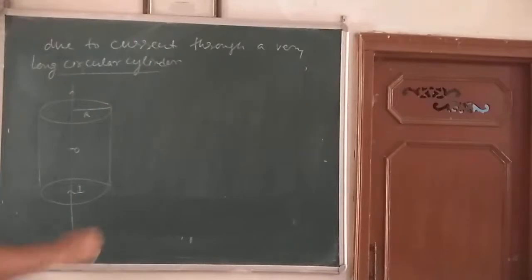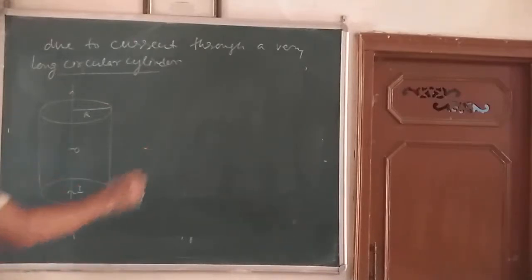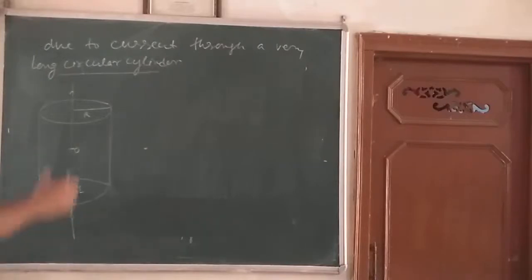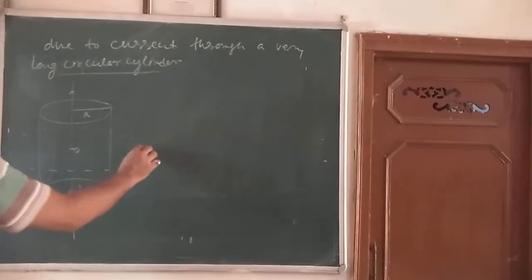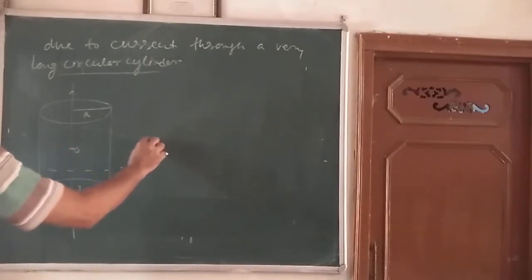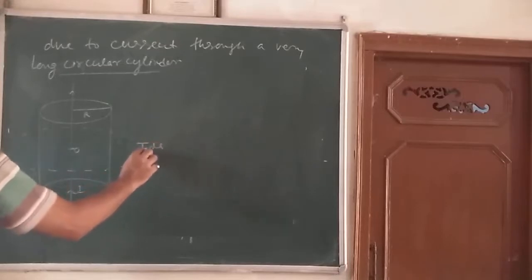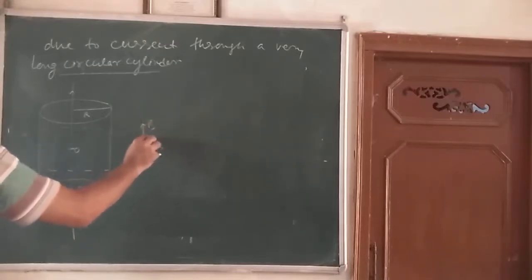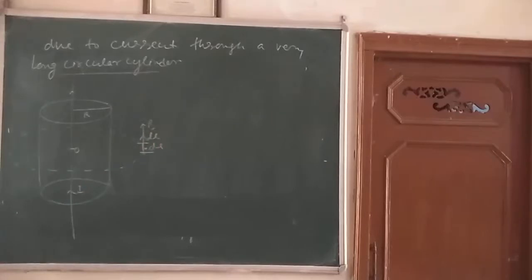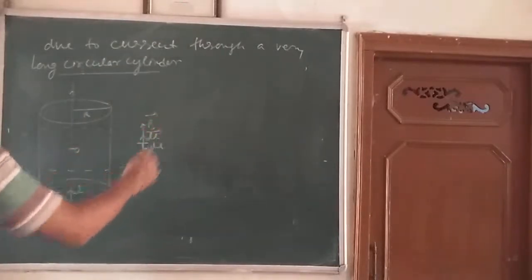I have to find out the magnetic field first at this point P outside the cylinder. When the current I is flowing here, the magnetic field lines are concentric circles, something like this. Again, due to this current, for a small element of length dl, the direction of B and dl are both the same.